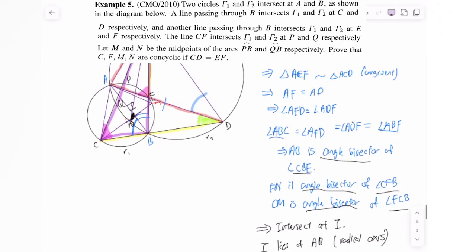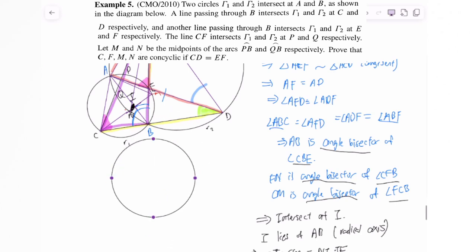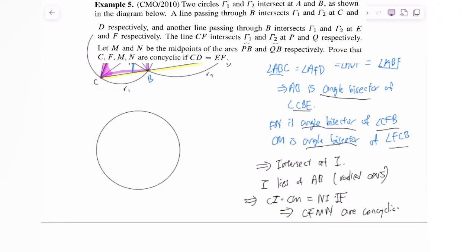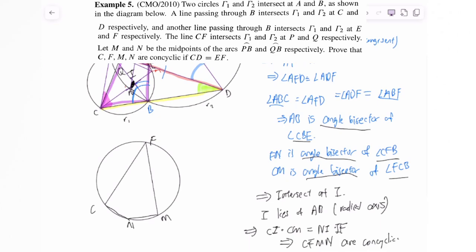Because basically the setup that you obtained is a circle CFMN.